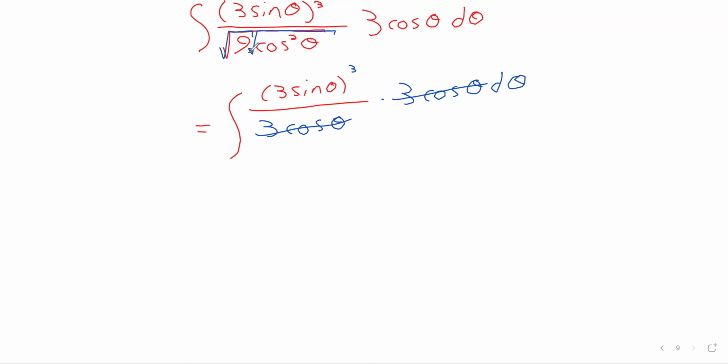And we have that thing on the top, which I am now going to rewrite as 27 times the sine cubed. And that 27 is no big deal. That 27 we can just pull out.